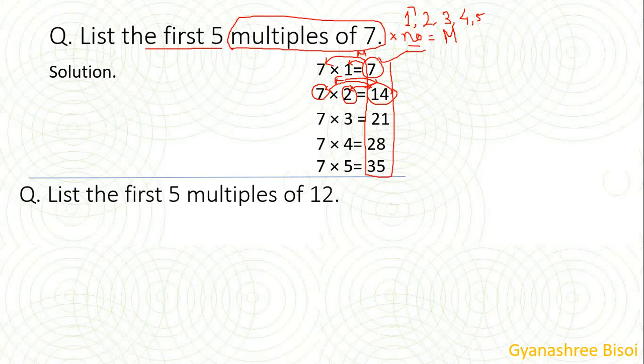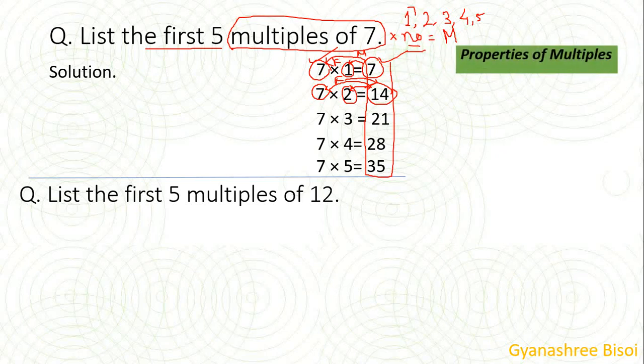Right? This one, 7 multiply 1 equals 7. That means 7 is the multiple of 7 and 1, whereas 7 and 1 are the factors of the multiple 7. Right? Let's see some properties of multiples.